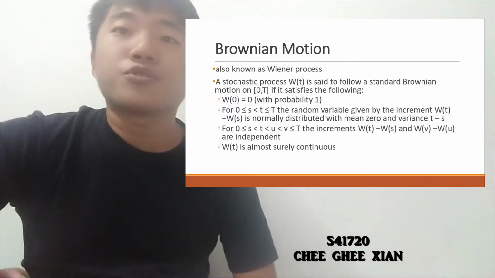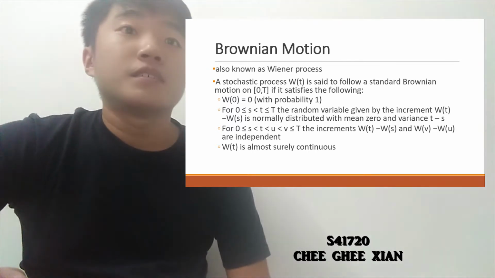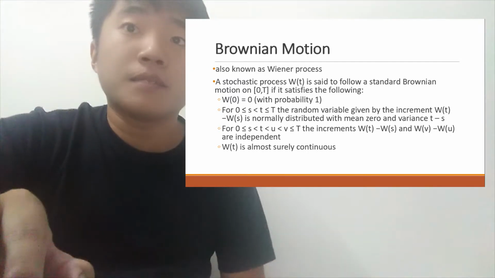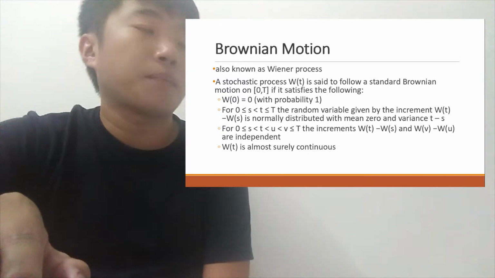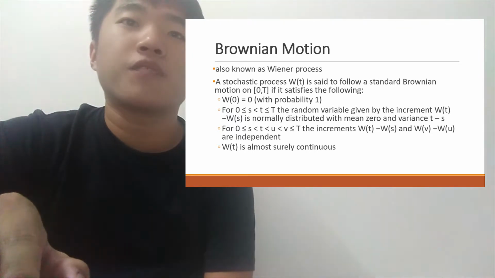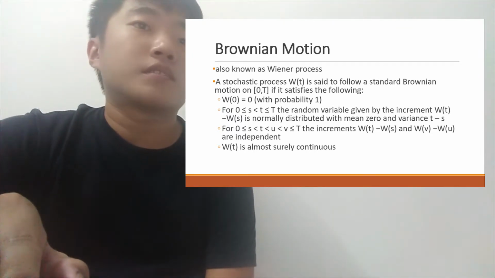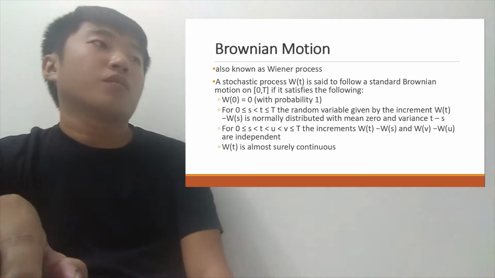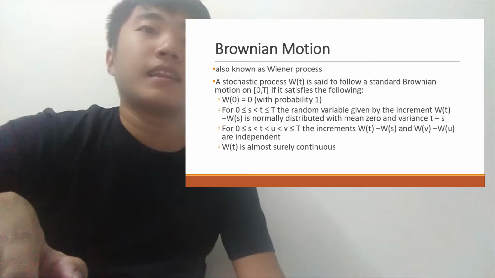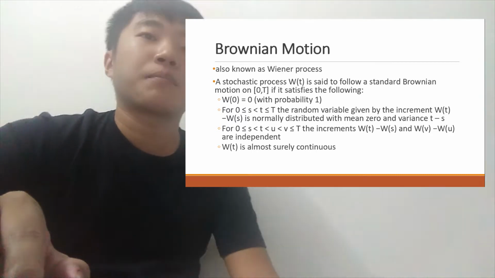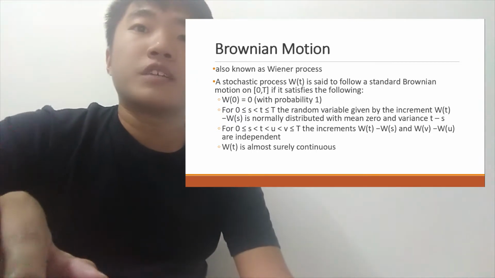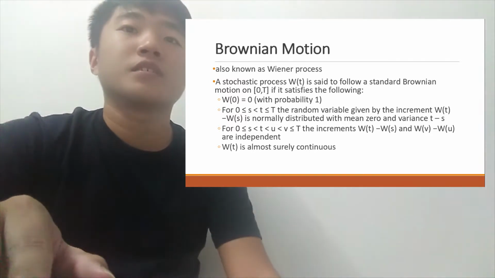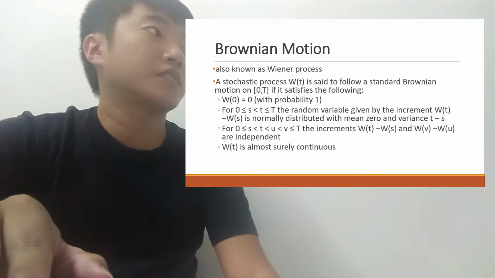Brownian motion is also known as the Wiener process. A stochastic process W(t) is said to follow standard Brownian motion on [0, T] if it satisfies the following: W(0) equals 0 with probability 1. For 0 less than s less than t less than T, the increment W(t) minus W(s) is normally distributed with mean 0 and variance t minus s.